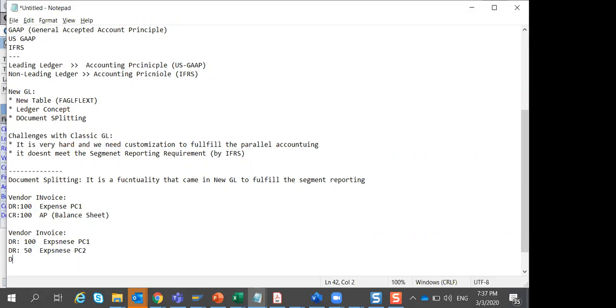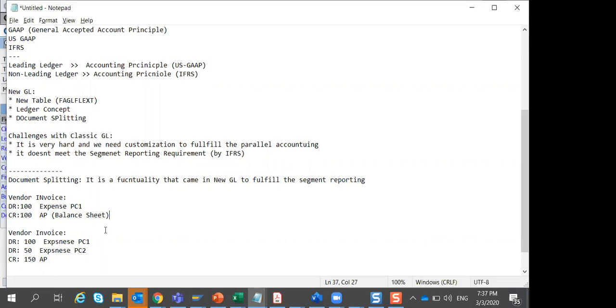Here we have a credit of $150 to the account payable on the balance sheet, which is not assigned to any profit center. I want you now to think with me. Profit center is a segment, and in segment reporting, every transaction that has an impact on the balance sheet or the P&L has to have a segment associated to it.